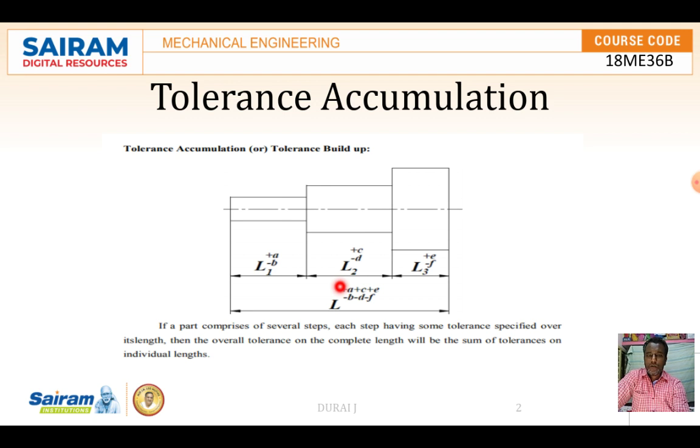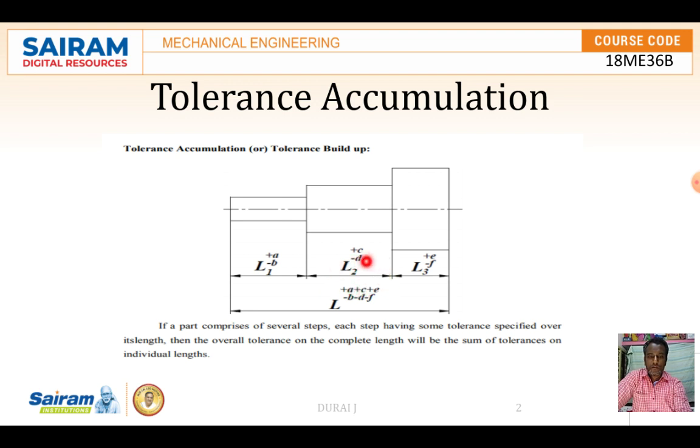In this type of tolerance accumulation, one more thing is progressive tolerances. What do progressive tolerances mean? The distance from one step of the smaller diameter to the next is one tolerance value, and from there to the next is the second tolerance value.